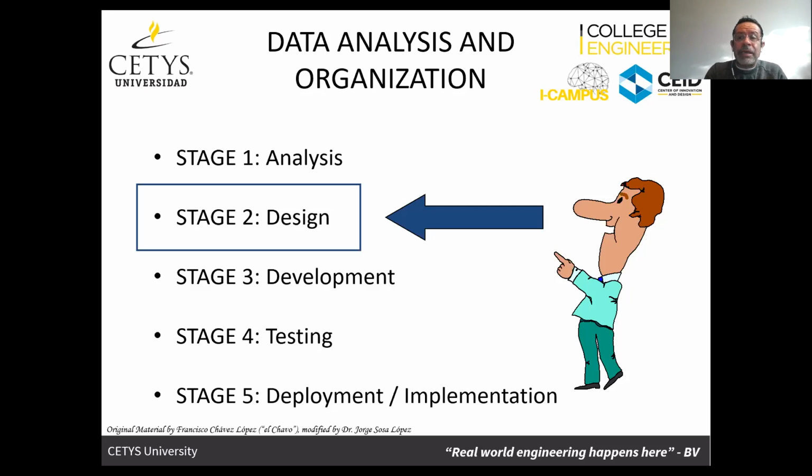In the development stage, we might notice that part of the design can't be implemented as such or doesn't work correctly. So we have to go back to the design stage. And even in the testing and deployment stages, we might notice that something isn't working correctly. So we have to go back to the design stage and redeploy or redevelop, I'm sorry.